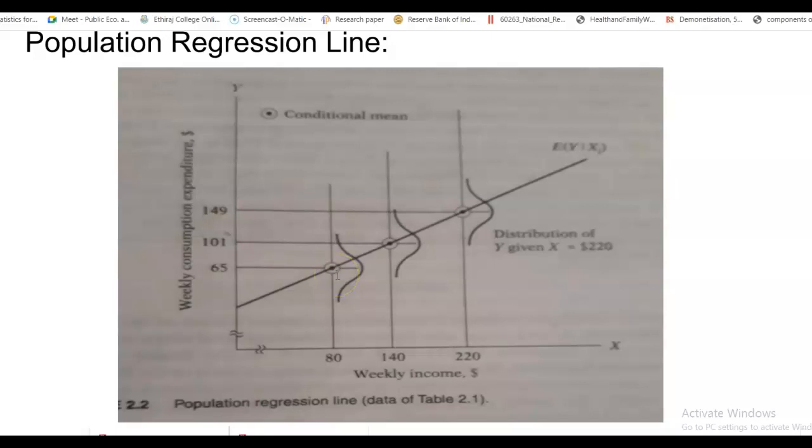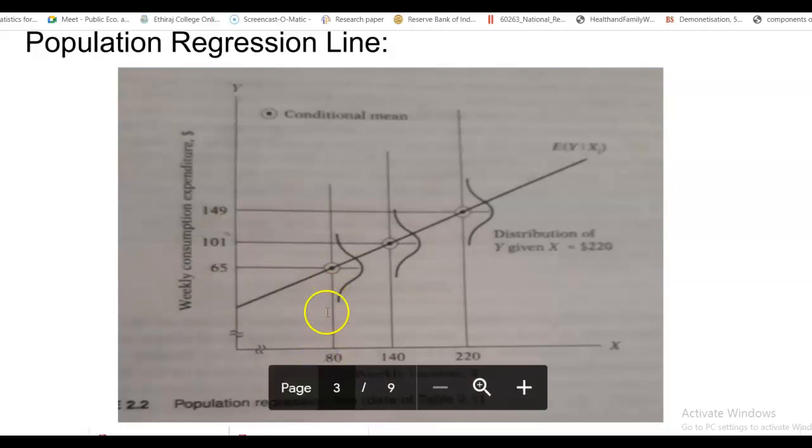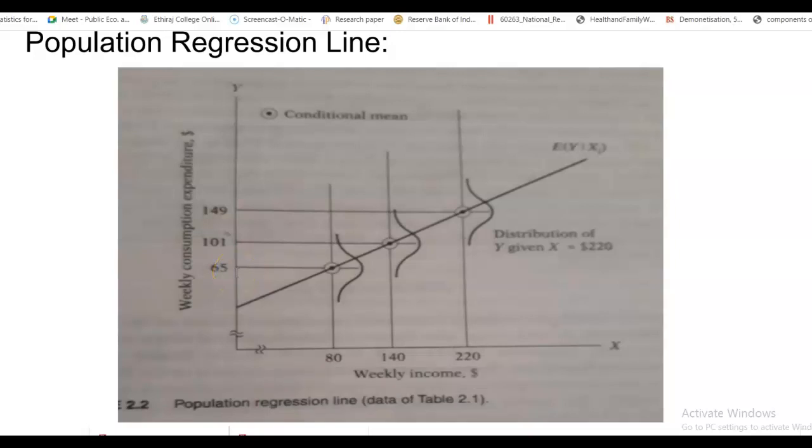You can see when the income is $80, the consumption expenditure is on an average, because as I told you earlier, not all families with $80 income will have the same consumption expenditure. It will keep changing from family to family.